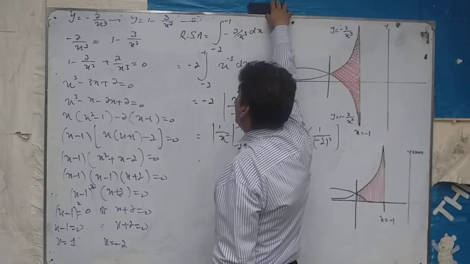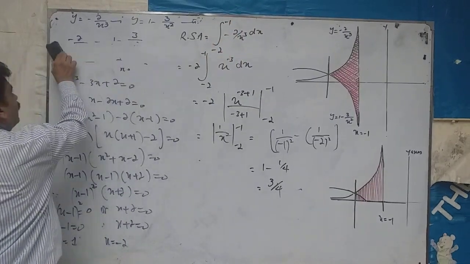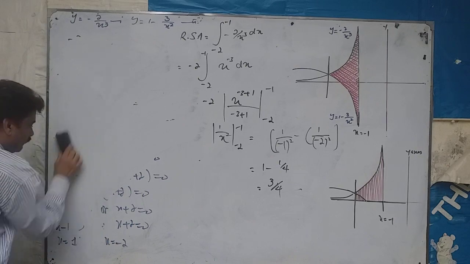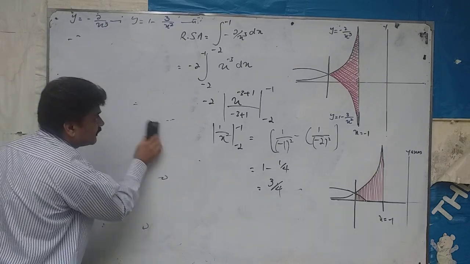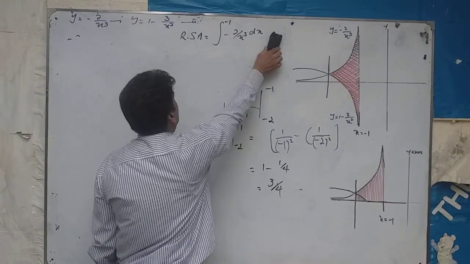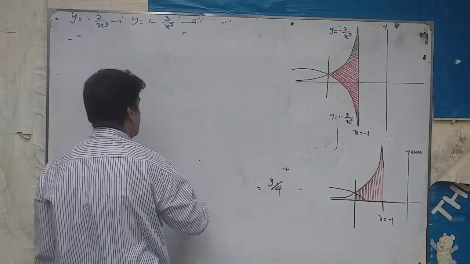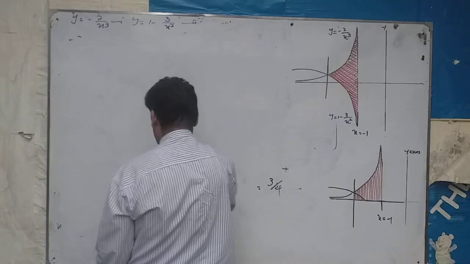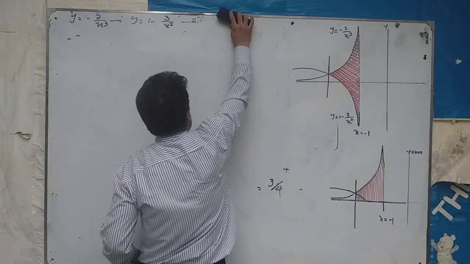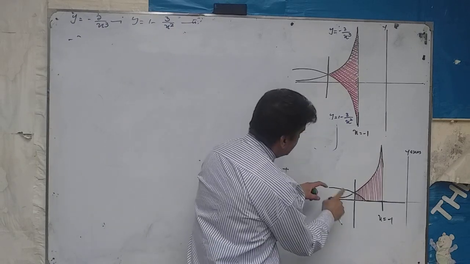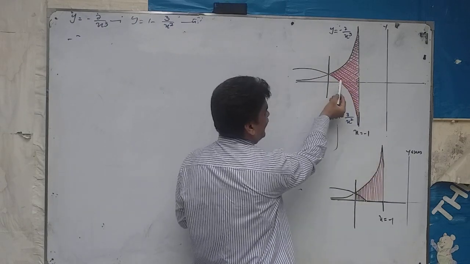Okay, we now find the x-intercept. To find the x-intercept, we put y equal to 0 in this equation to get this point.